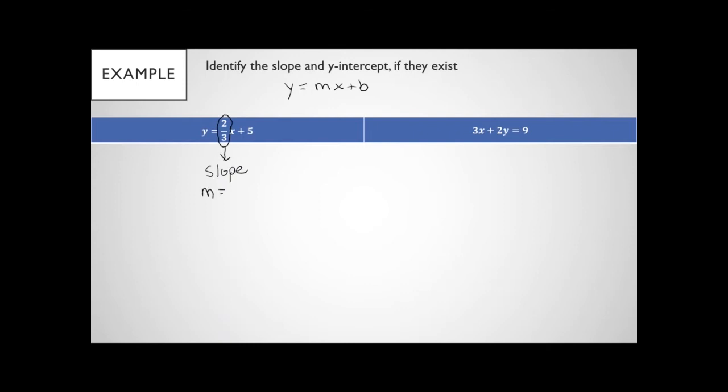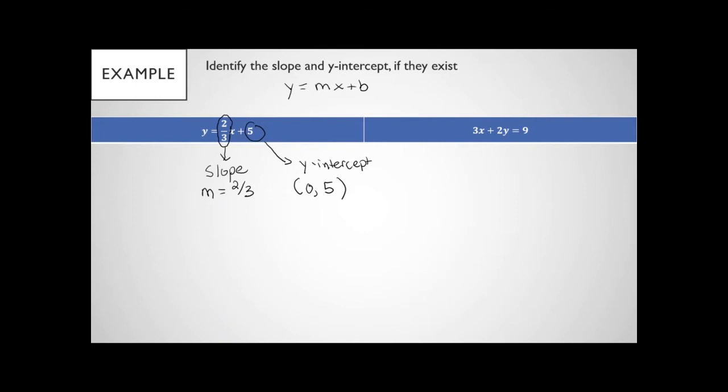So m is equal to 2/3. The value that's added or subtracted to something with x is the y-intercept. So this is our y-intercept, and we write it as (0, b), so that's going to be (0, 5).